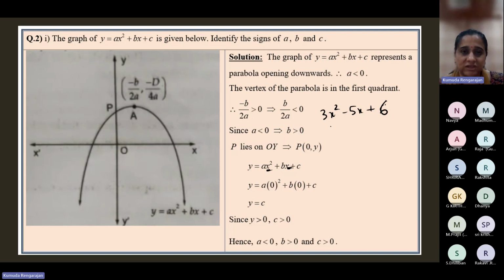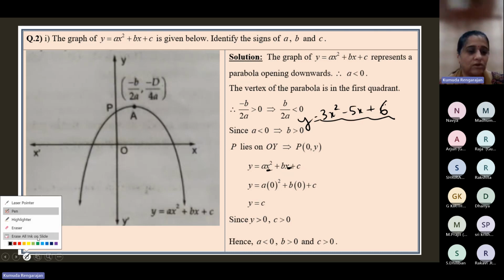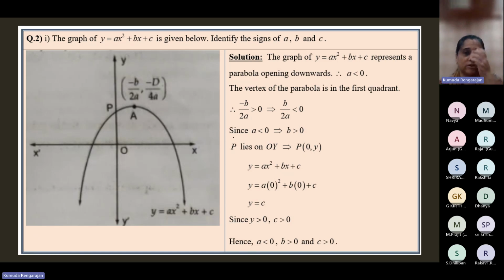When you take x as 0 and find the corresponding value of y, you can find out where the parabola cuts the y-axis. So that's what we're trying to do now. We're trying to understand where the parabola cuts the y-axis, but we cannot find it exactly because it is ax squared plus bx plus c. So you cannot really find out where, but you will try to understand something out of that.